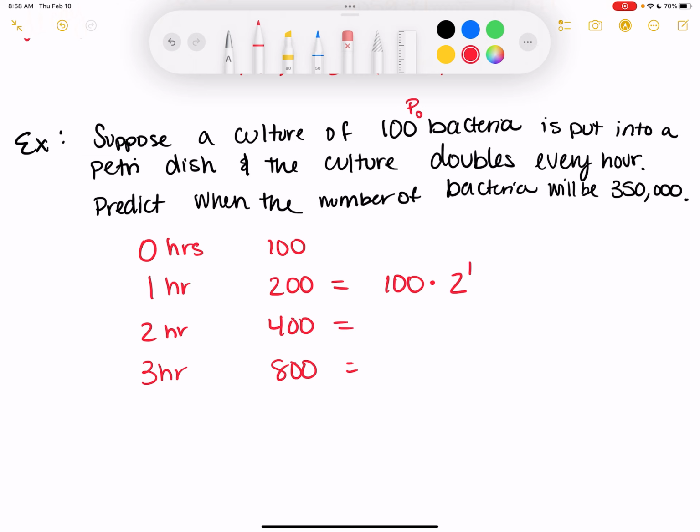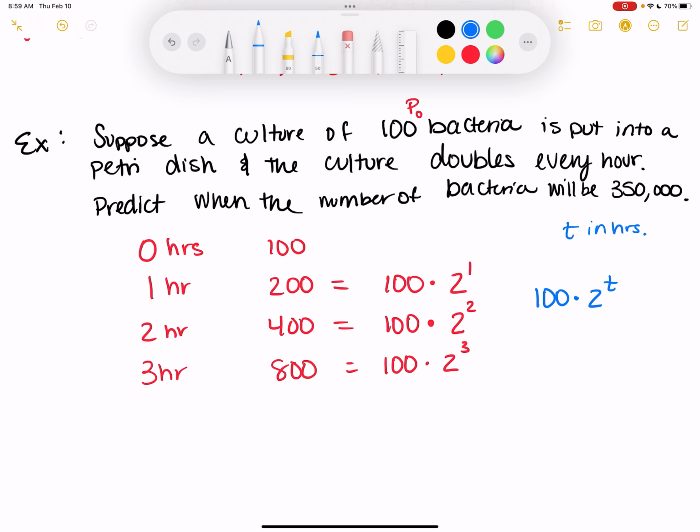The next one, we still have our initial 100, times 2 squared. And down here it's 100 times 2 cubed. So in general, our formula for this would be 100 times 2 raised to the t, with t being in hours.